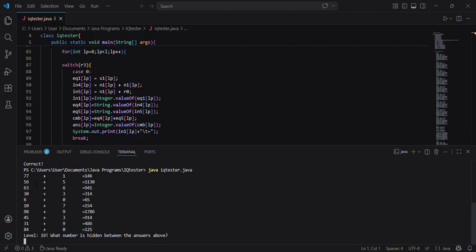In the next equation, on the second line, 56 plus 5 is equal to 1130. So is it 5 plus 6 equals 11? Yes, it is. And what happens here is 5 equals 30. What makes it? Maybe 5 multiplied by 6 equals 30.